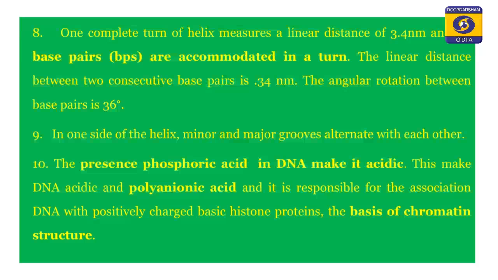Out of the 3 OH groups of phosphoric acid, 2 are utilized in the formation of the diester bond, but 1 OH group is free, that gets ionized, and that adds to the acidity of DNA. DNA, having many negative charges, is called a polyanionic acid.